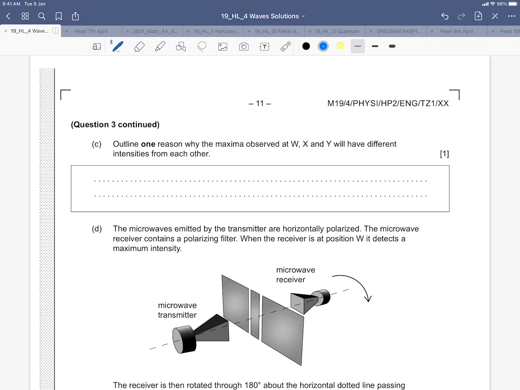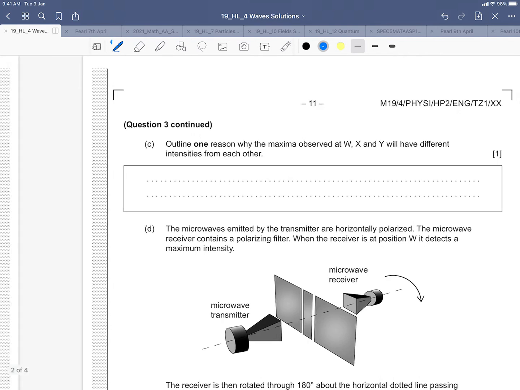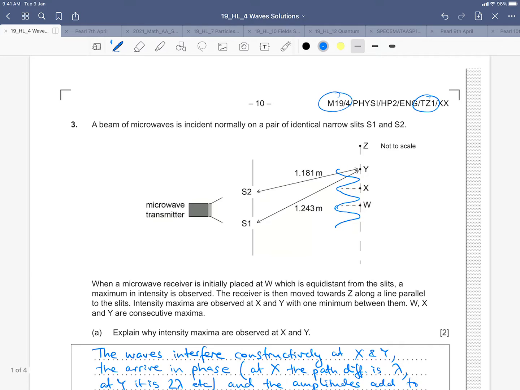Then, why will the maxima observed at W, X, and Y have different intensities? Well, in perfect two-source interference, where the screen is very far away from the slits and so on, we won't really notice a dip in intensity, but very often we do, because the single slit diffraction is often not negligible, so you get this diffraction envelope that modifies the intensity.